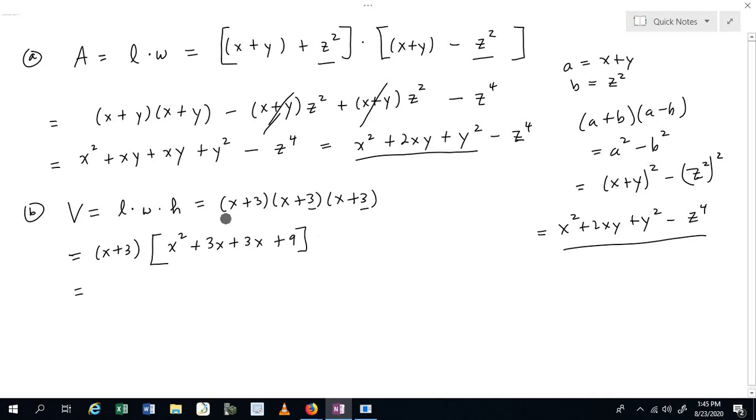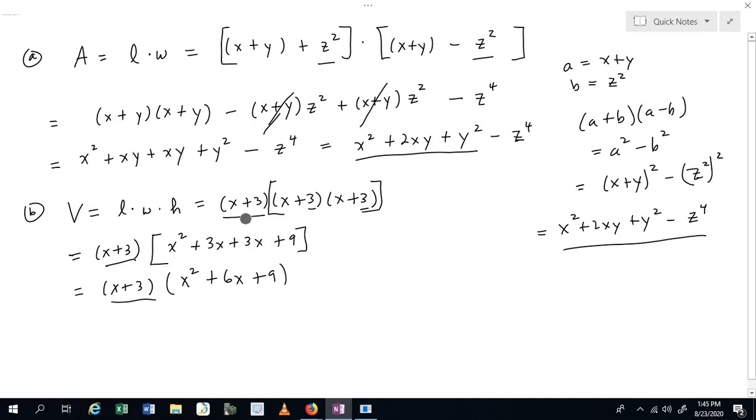Okay, and of course, like I said, this x plus 3 sits out front, and then we'll multiply this by this binomial later. So inside here we have x squared, and this adds up to 6x, so plus 6x plus 9.